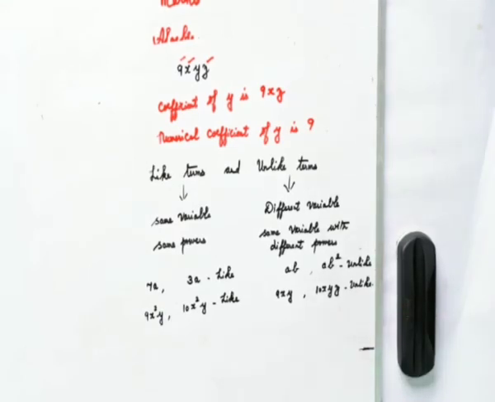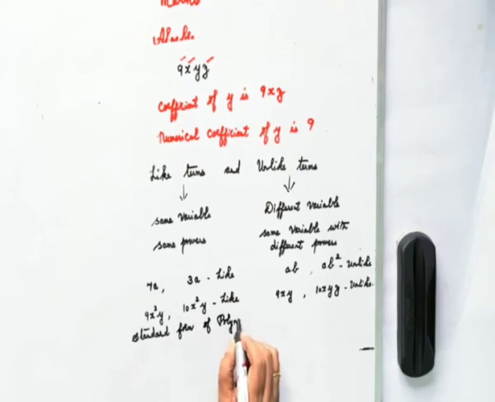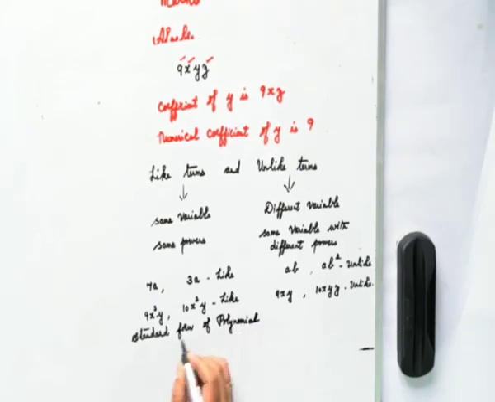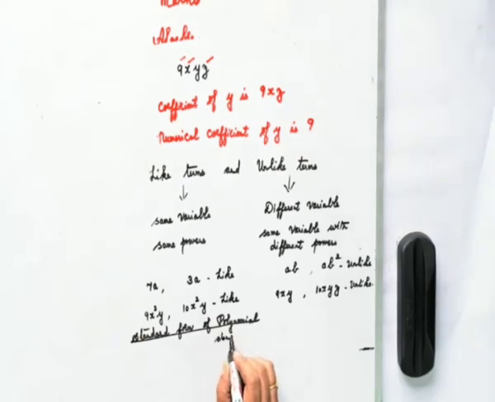Standard form of polynomial. If the polynomial is in decreasing powers, it is called the standard form.